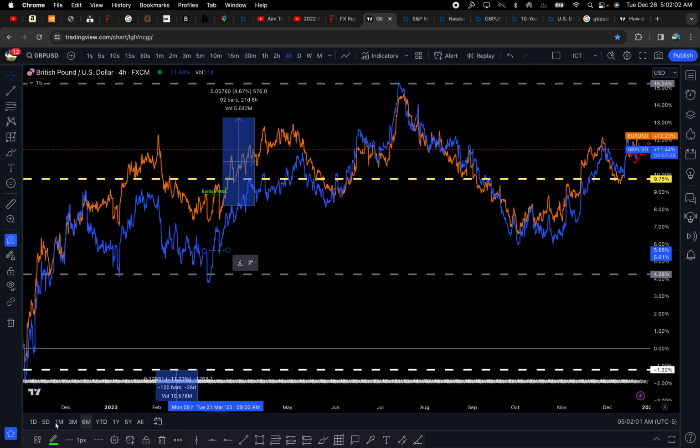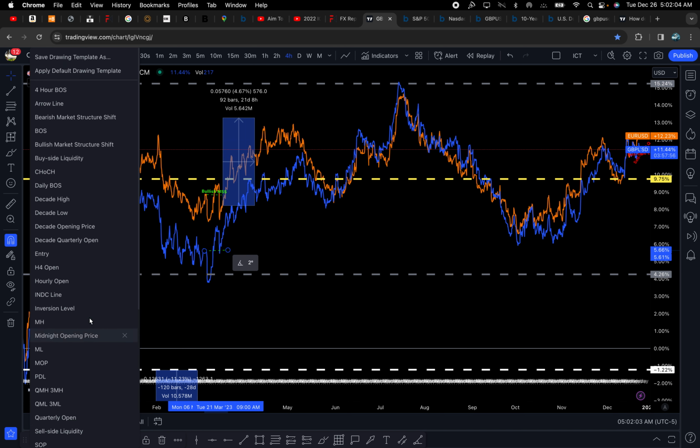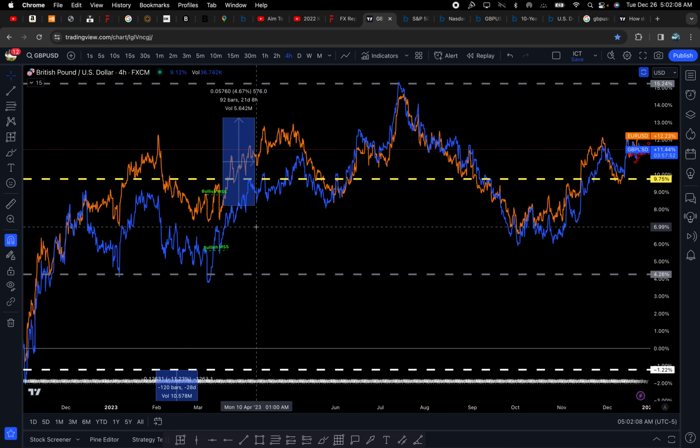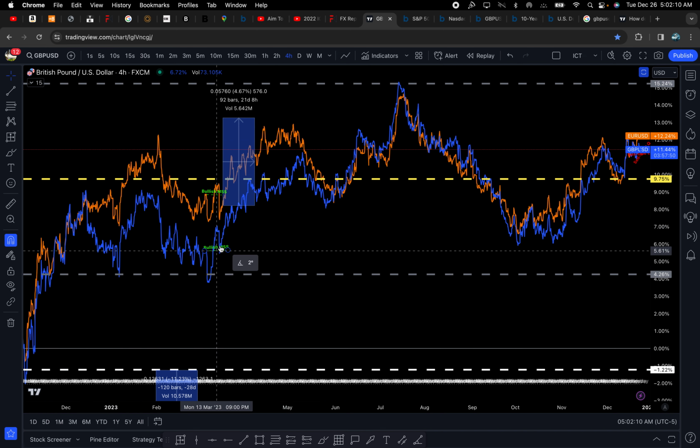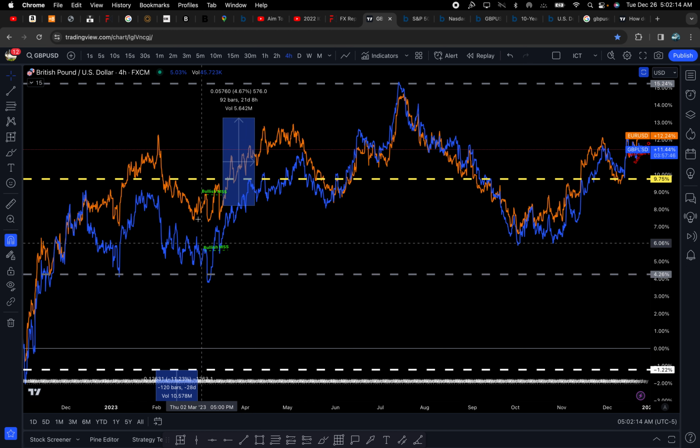Not that important right now. So we have that break of structure there, and then we have this lower low confirmed and this higher low confirmed. That's a divergence right there.